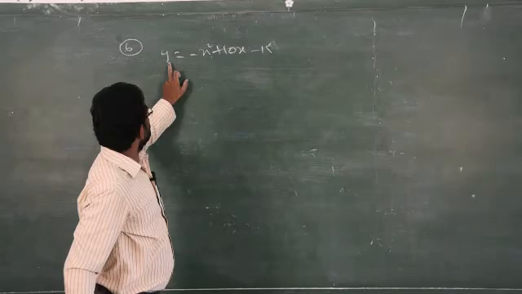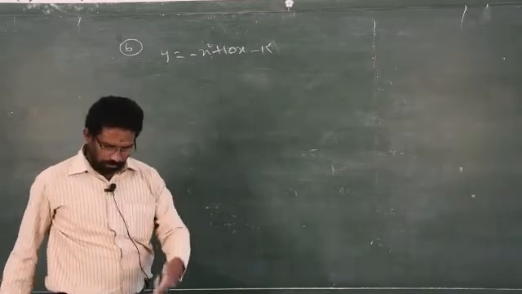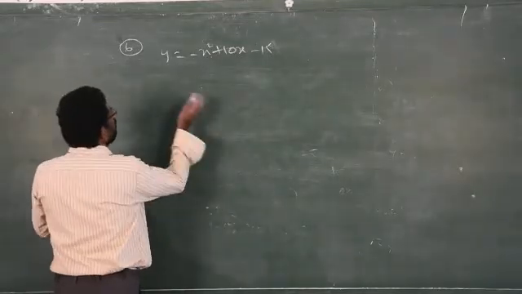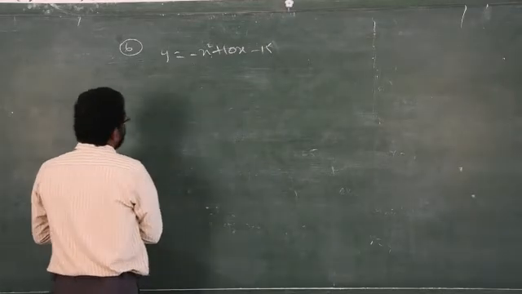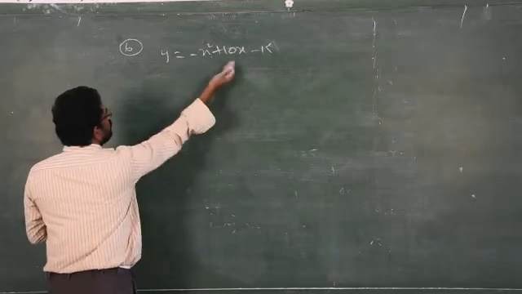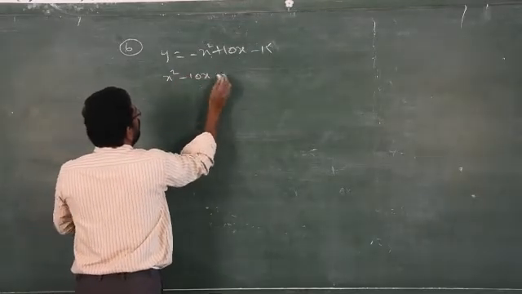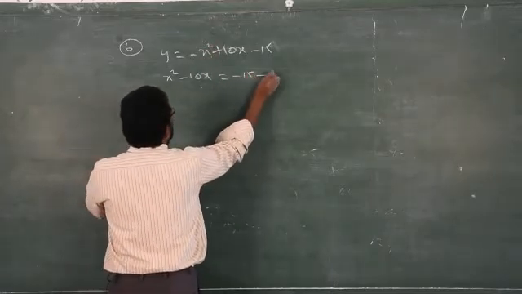Here y refers to rupees, x refers to time, given in months. Find the best time to end the project. First you have to rewrite it in the standard form of a parabola. Here minus x square, so transfer: x square minus 10x, because x has power 2. So group that: minus 15 minus 5.